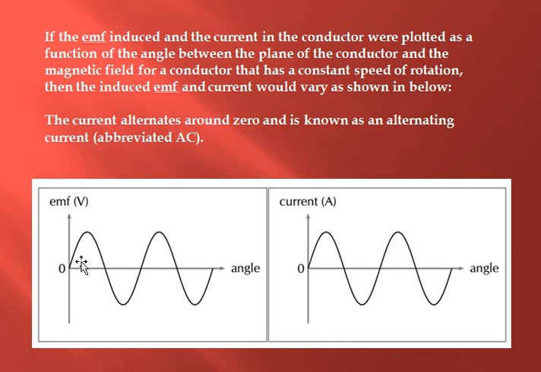As the coil starts rotating, until it gets here, when it is in a perpendicular position, the maximum amount of magnetic flux is passing through the coil or the conductor. That's when we have our maximum current and maximum electromotive force.